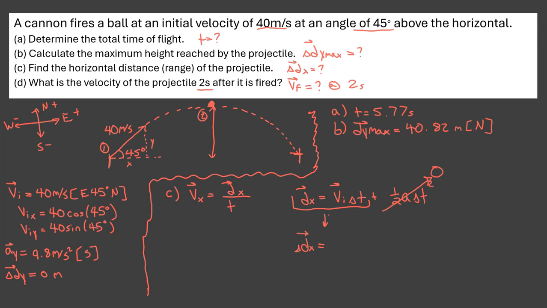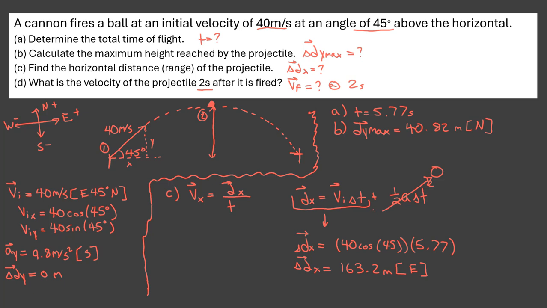Okay, so I'll utilize this and state that our displacement in the x is equal to our initial velocity, which is 40 cos 45, times the time, which we got as 5.77. And when I put that in my calculator, I'm going to get a range or a displacement in the x of approximately 163.2 meters in the eastwards direction.